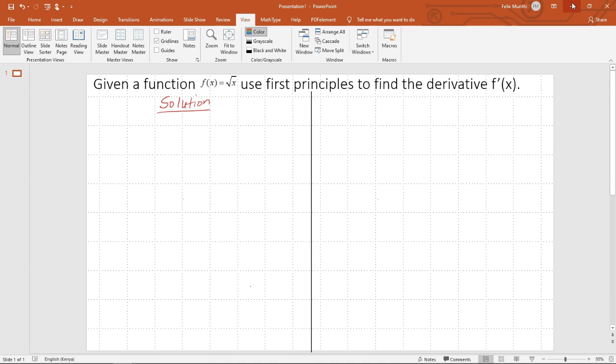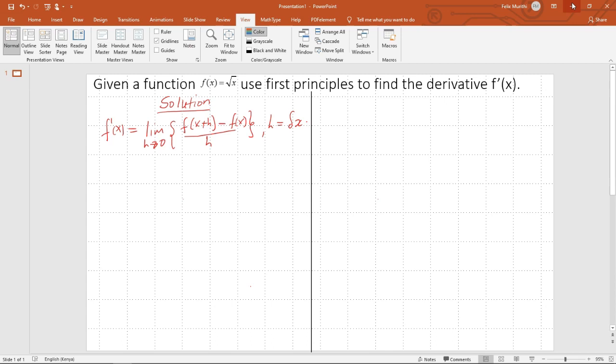This is the method of finding the derivative of a function given by f prime of x is equal to the limit as h tends to 0 of f of x plus h minus f of x over h, where h is equal to a small change in x.